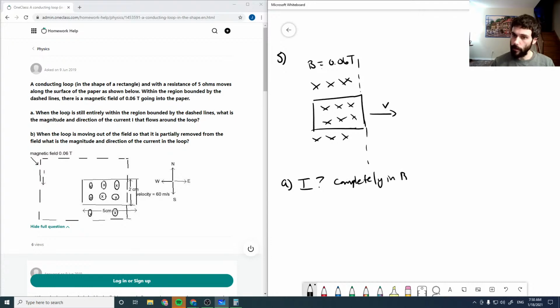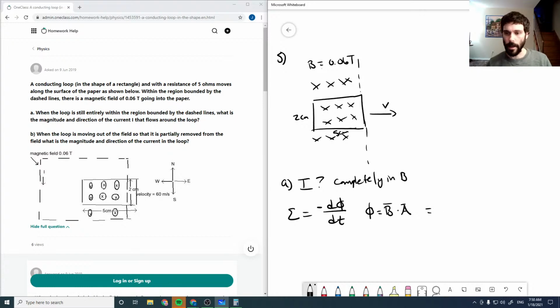So our EMF is minus derivative of the flux with time. Our flux is B dot A. So when it's completely immersed in the region, then our area, which is given as 5 centimeters by 2 centimeters, nothing's changing though.